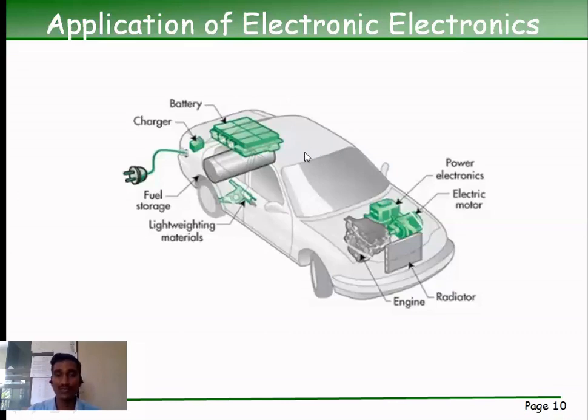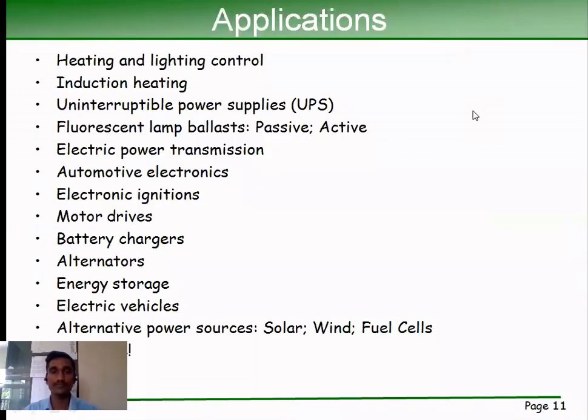Again, one of the largest companies, Tesla, is also launching its electric vehicles in India. So power electronics is again playing a very important role. So these are some general applications of the power electronics. There are so many tremendous applications of the power electronics. We are not going into the details.